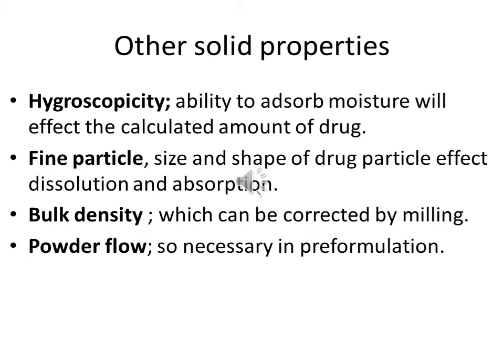Usually, bulk density is of great importance when one considers the size of high-dose capsule or product or the homogeneity of low-dose formulation, in which there are large differences in drug and excipient density.